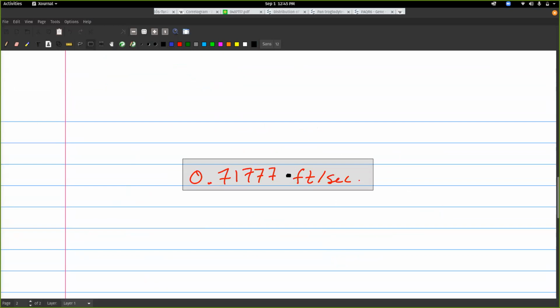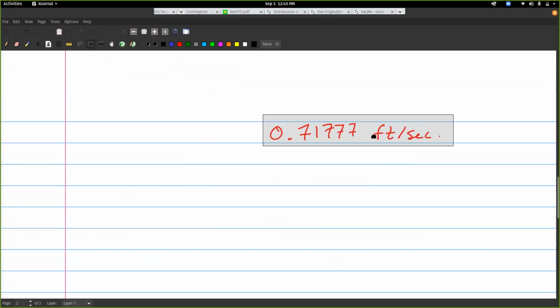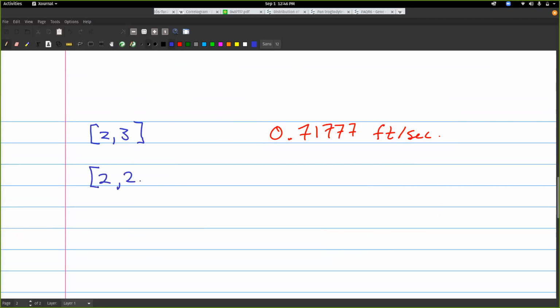So this is one entry, and this is what we got over the interval from 2 to 3. This is the average velocity. And now we just did the average velocity over 2 to 2.25. And when we did that, we got 0.506431.